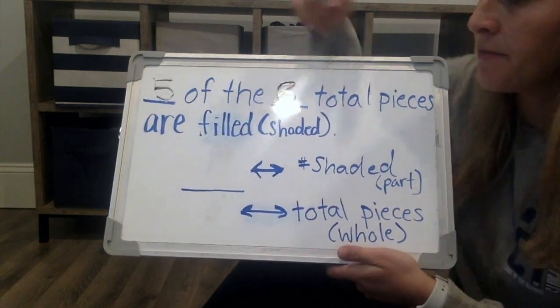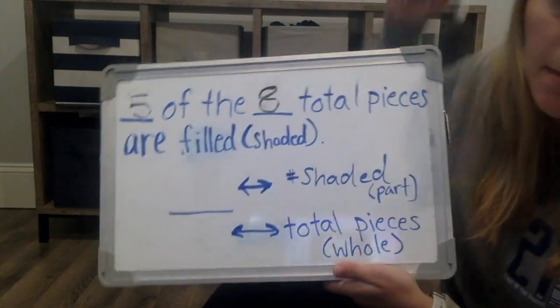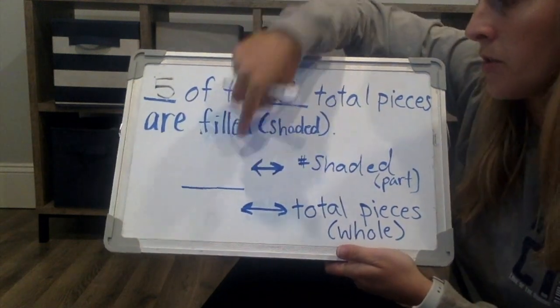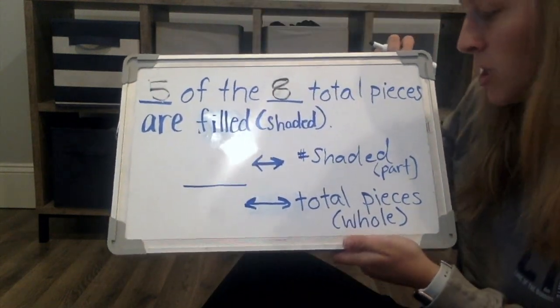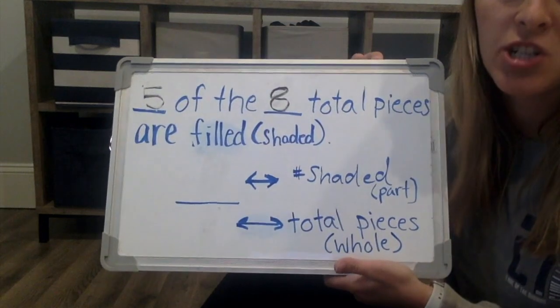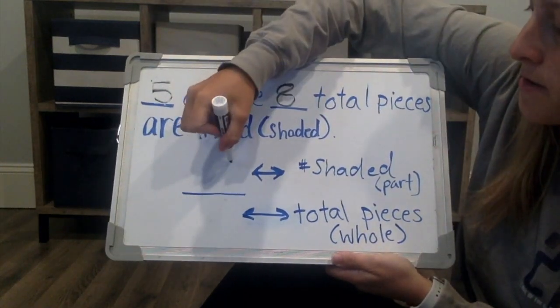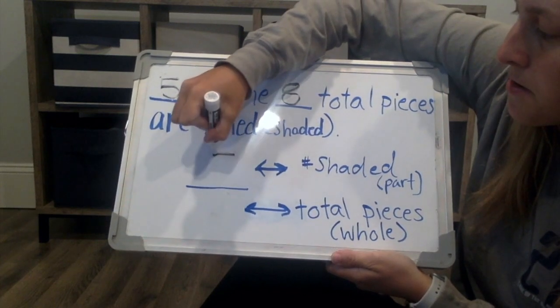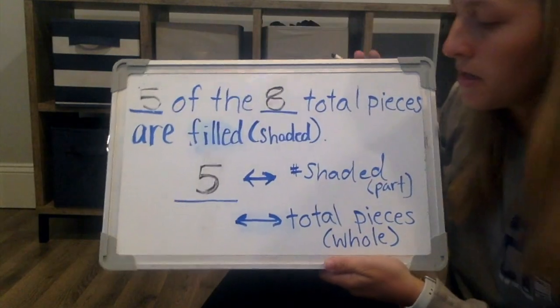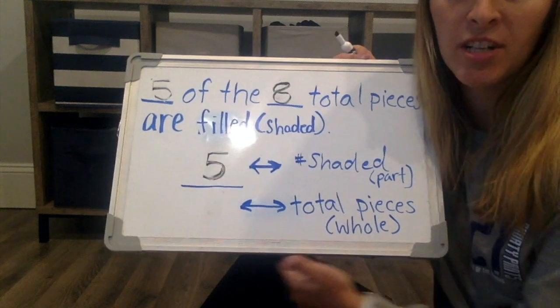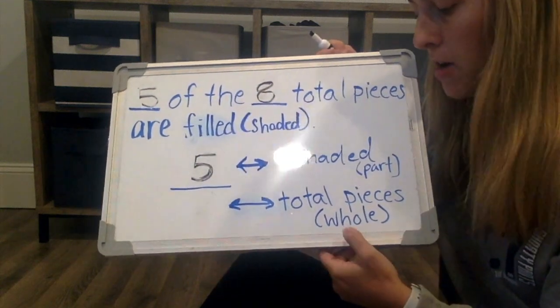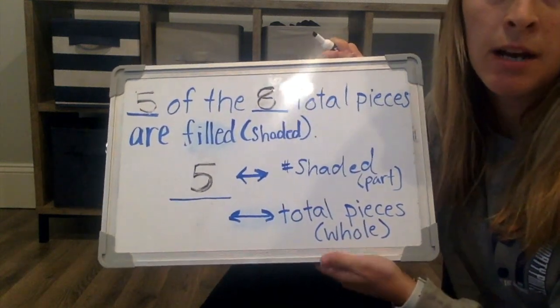Alright, so now we got to fill in our numerator and our denominator. The numerator is the shaded part, or how many we had shaded. And we knew we had 5 shaded. And then we've got to finish our denominator to figure out our fraction.